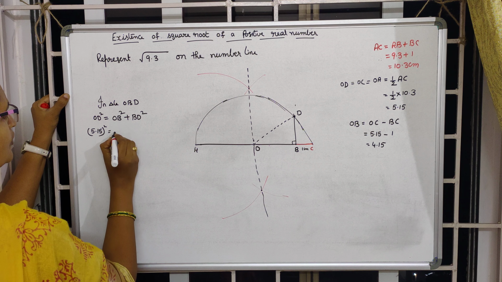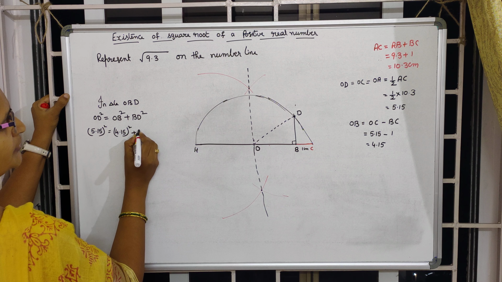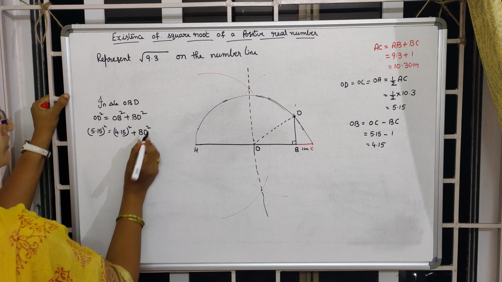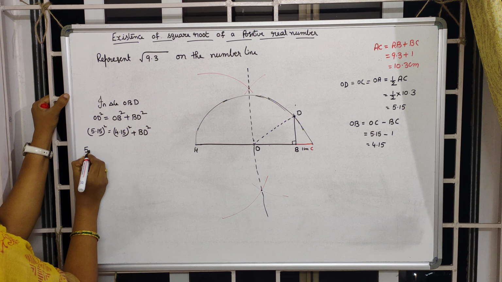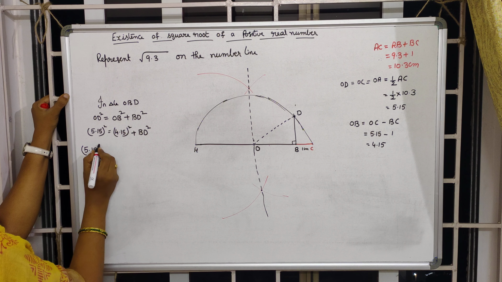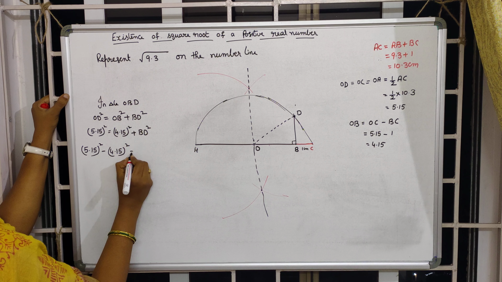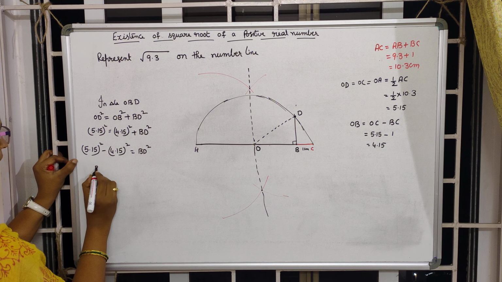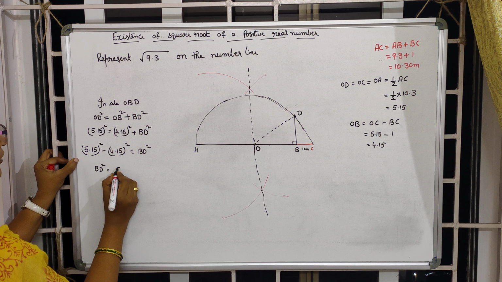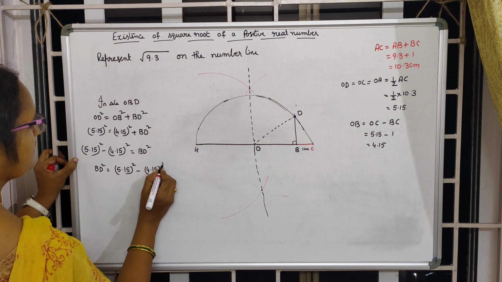So in place of OB I write 4.15 whole square plus BD square, since I don't know the BD value. Now sending this to the other side, 5.15 whole square minus 4.15 whole square equals BD square.